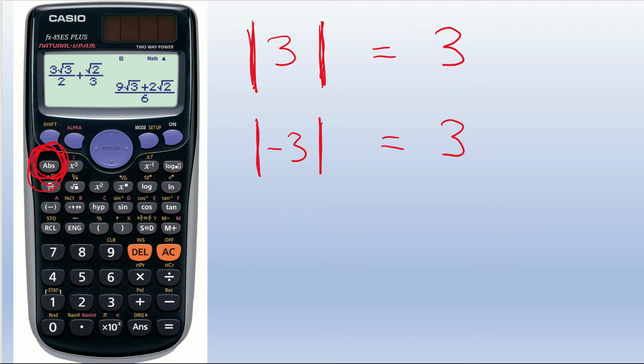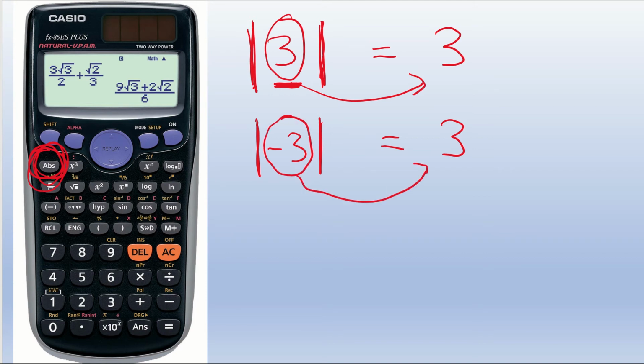So we have now stumbled across what those bars actually do, what your absolute value actually is. It's going to be the positive value of whatever is inside your bars. So if your number is positive already, like the 3 here, you don't need to change it at all. However, if your number in here is negative, it is going to change to the positive value of that number.